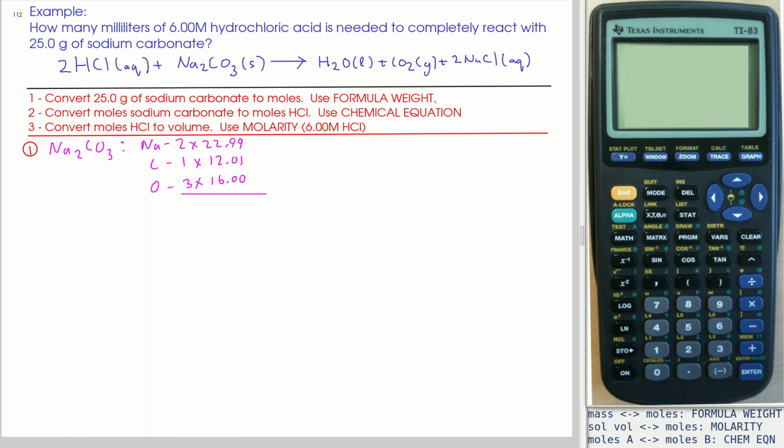So going to our calculator, let's clear out some space. 2 times 22.99 plus 12.01 plus 3 times 16 gives us 105.99 grams of sodium carbonate for every mole.